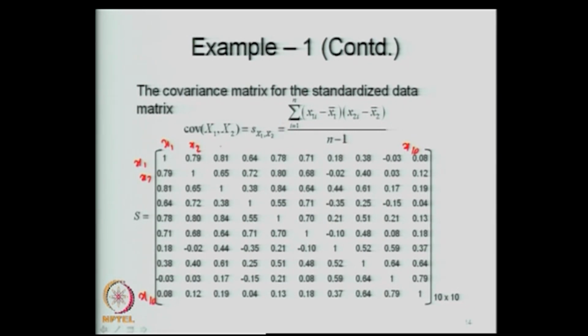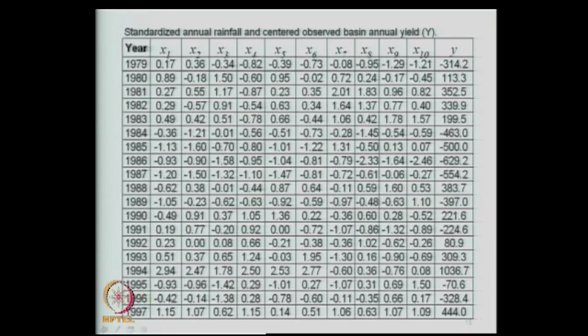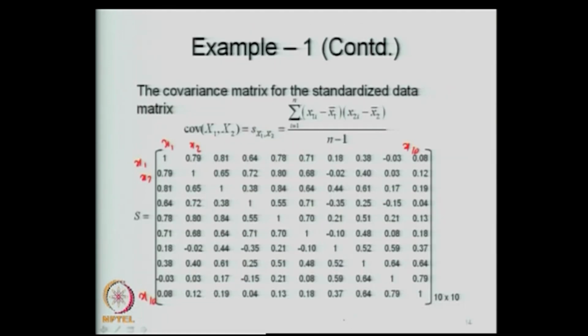On the standardized variables, remember we are talking about the standardized variables, and that is why you get the covariance of x 1 with itself as 1, and all diagonal elements will be 1 here.